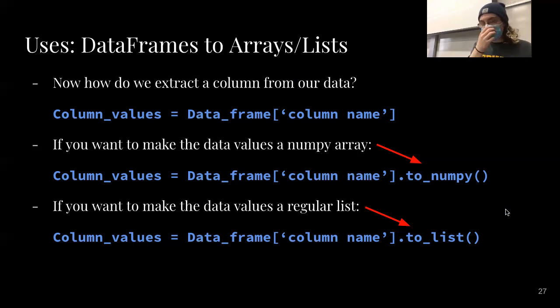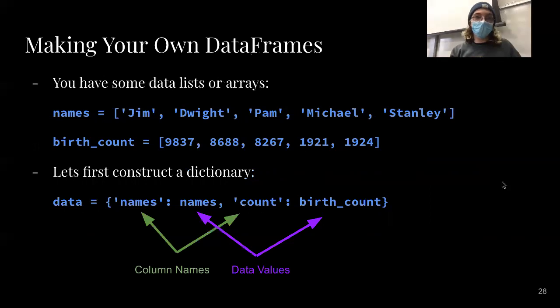So you'll see the similarities between dictionaries and data frames. In fact, you can create data frames from dictionaries. They're kind of like the same thing, just a little bit more sophisticated. Are there any questions about this so far? Okay. If not, we'll move on.